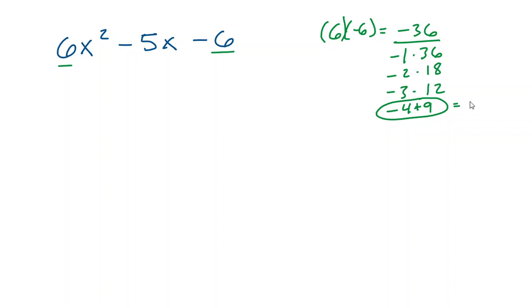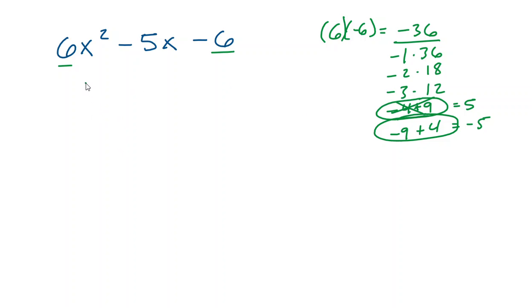You add them together, get 5. So if I want to get negative 5, I just need to switch the sign. So negative 9 plus 4 is negative 5. So those are the ones I'm going to use, but I knew I had it when I got a pair of numbers that add up to 5. I knew I was close.